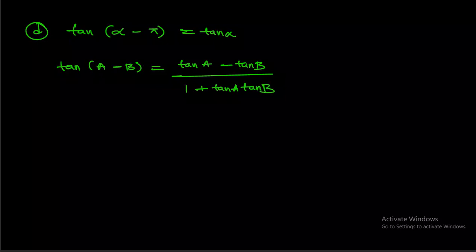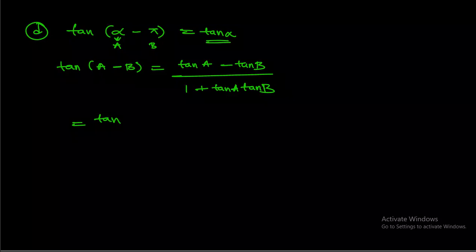Guys, these identities that I'm giving you, take note of these. We know that the value of a is alpha, and the value of b is pi. So we can now replace in the given equation. We need to see that this part should be equal to this. That's how we prove identities.